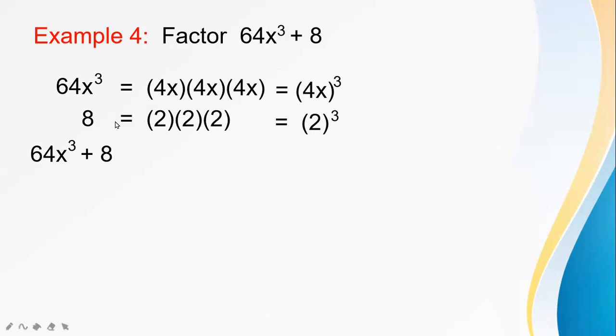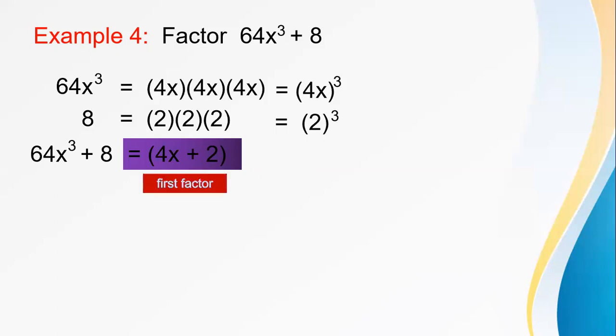So 64x cubed plus 8. And the given factor is 4x plus 2. So this will be your first factor. This will be your binomial. Then, using the first factor to get the second factor, which is the trinomial. So first factor, we have 4x plus 2.